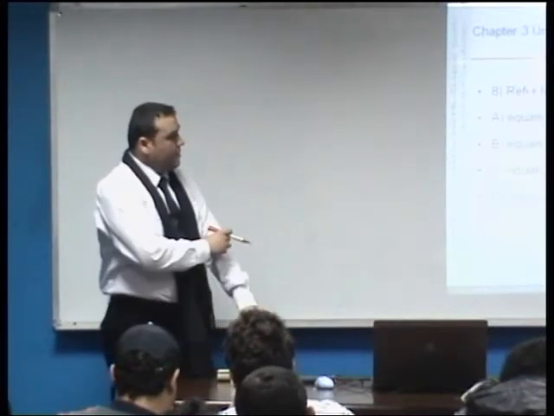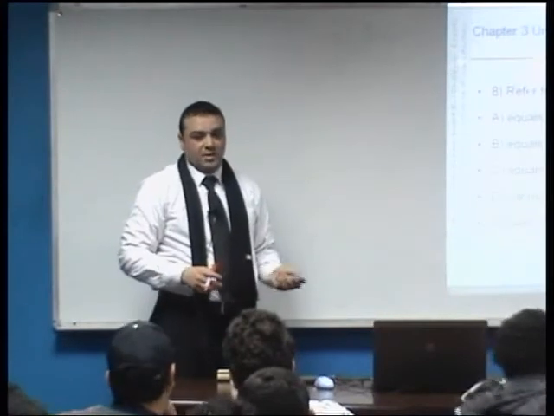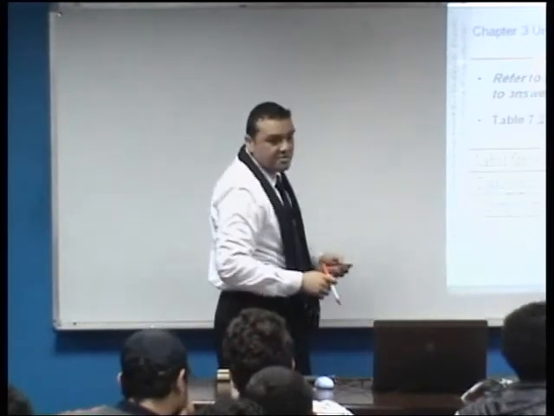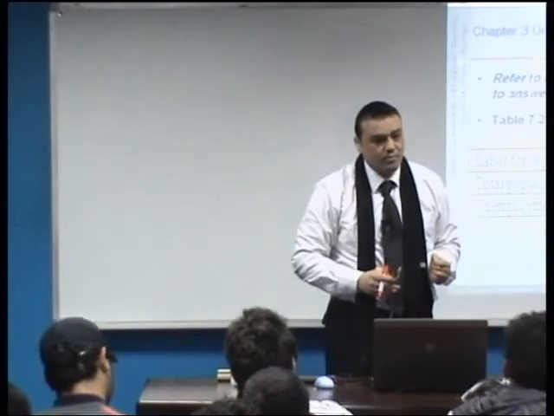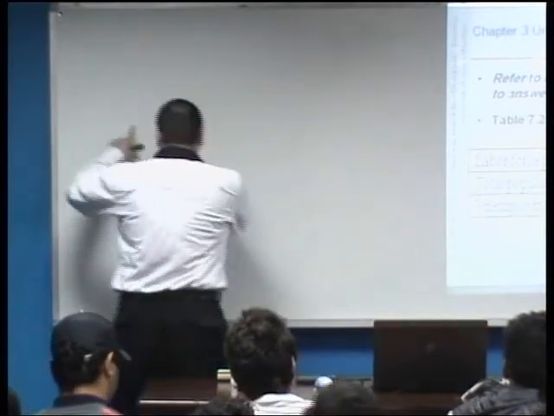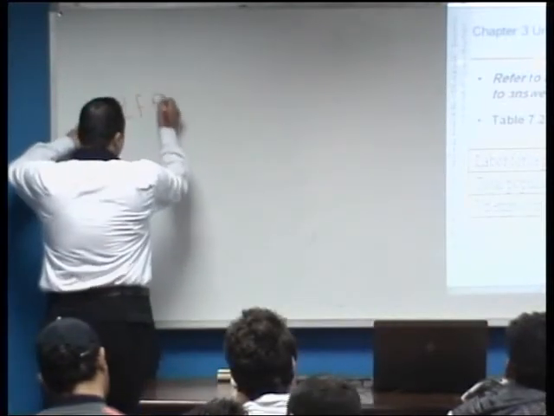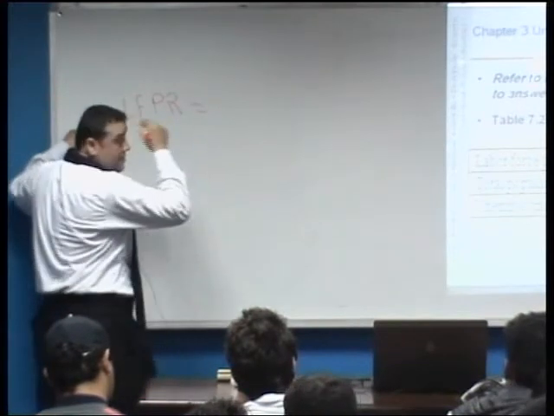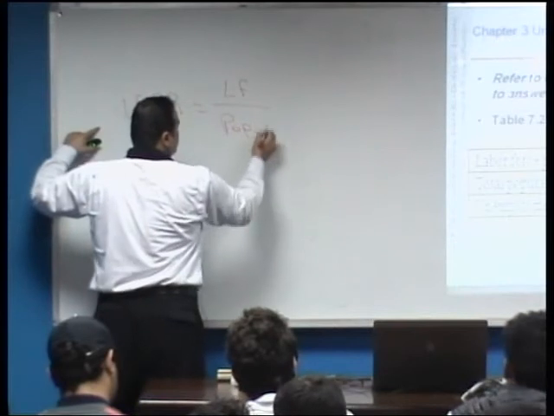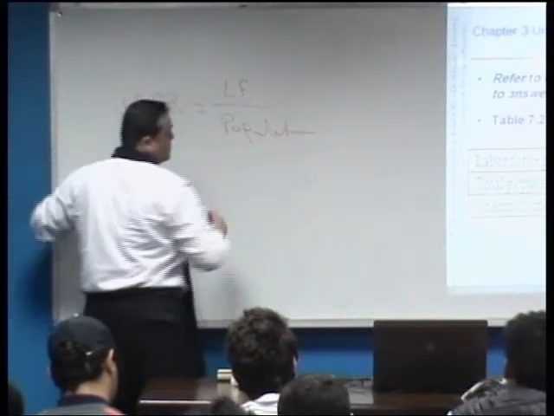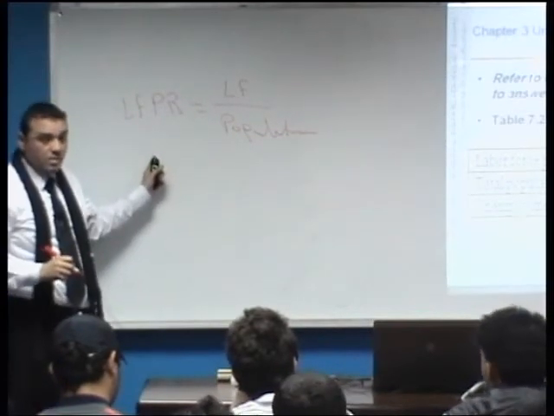Refer to the table. The labor force equals what? We can derive the labor force from the labor force participation rate, right? Labor force participation rate equals what? The labor force over what? The population. So, yes.